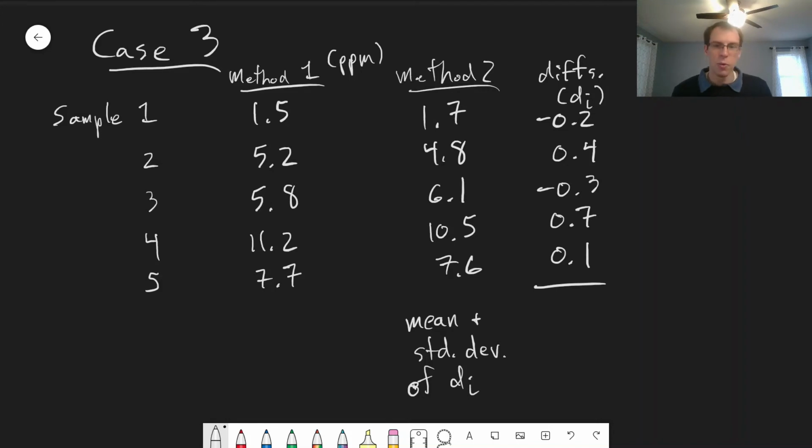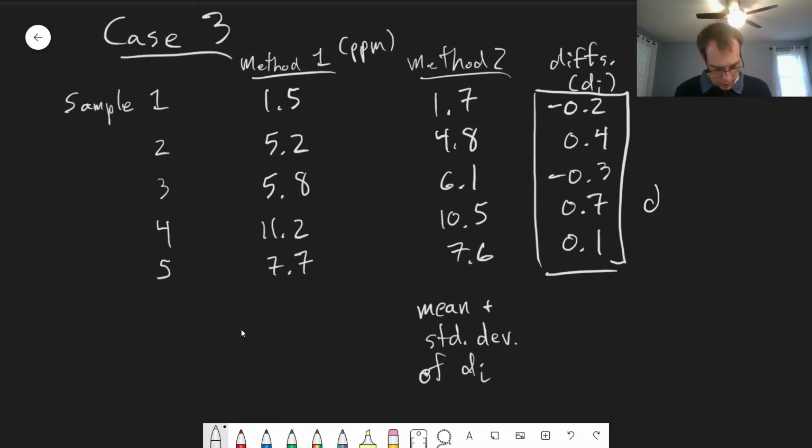We won't do this with this actual set of data, but just to show you, this is the set of data that we need. So we calculate d bar and s_d, the mean of all the differences and the standard deviation of those differences.